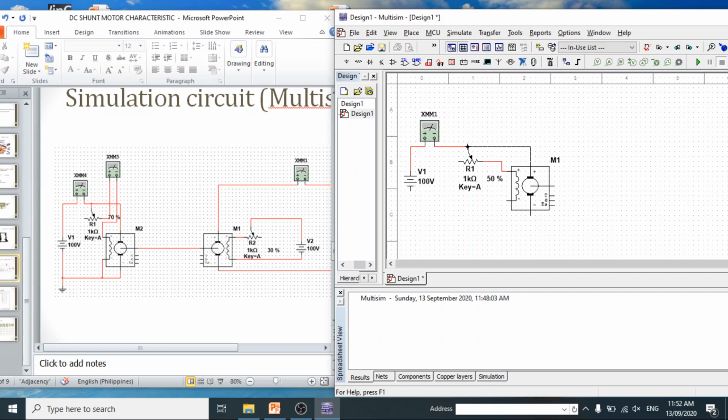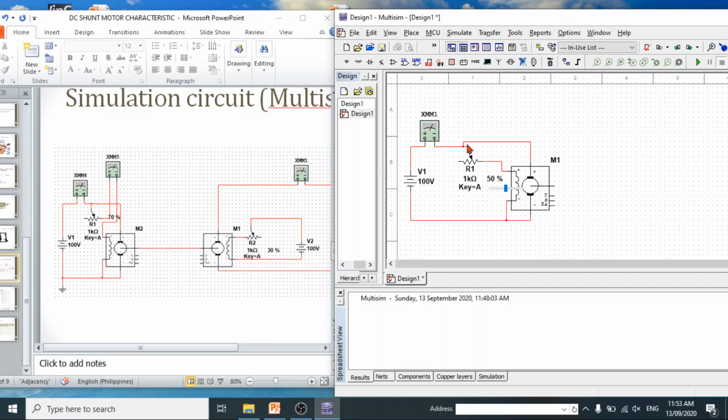And then this will be connected to the other end. And then do not forget the ground.